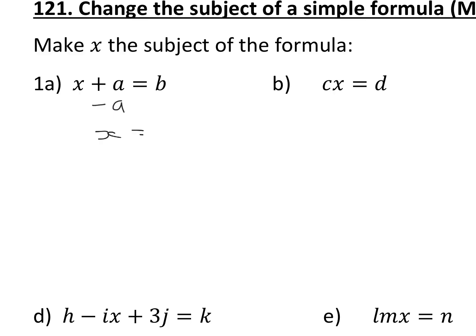But just like equations, whatever you do to one side, you've got to do the same thing to the other side so it balances out. So I'd have to take a off the right hand side, and I would get b minus a. I can't do that calculation obviously because they're letters. I don't know how to, unless there were numbers I could work it out, but that is your final answer there. There's no need to do anything else with that.